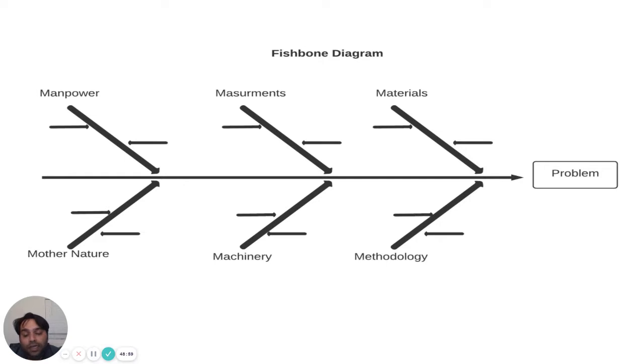It doesn't mean that you always have to ask 5 whys. It might be one why and you will get the answer, right? It might be 7 whys and you will get the answer, right?